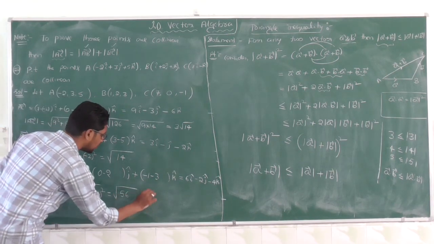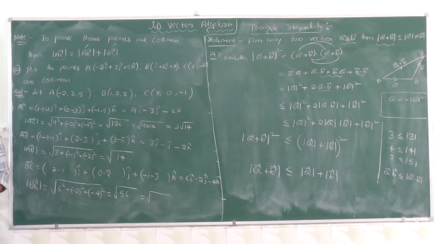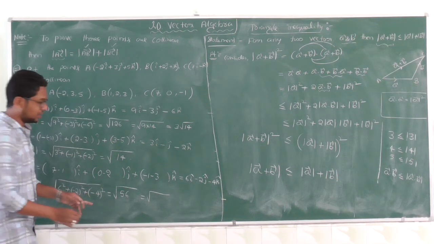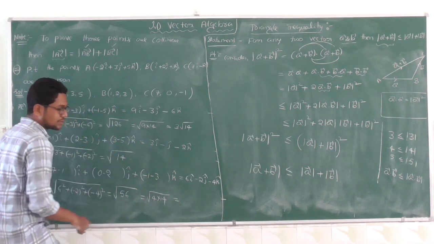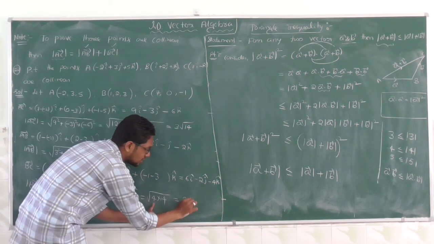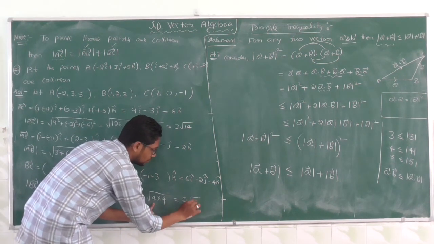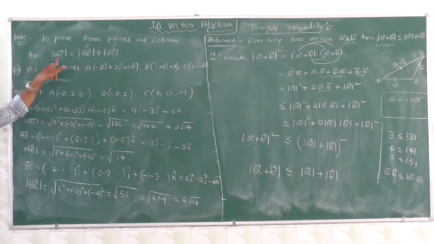What is the simplest form of square root of 56? 4 into 14, 14 4s are 56. Inside the square root it is 4, outside the square root it is 2. So 2 into square root of 14. Okay.